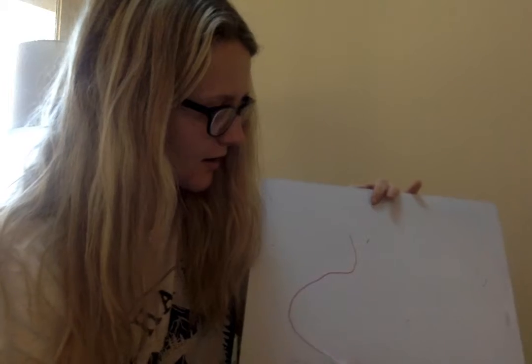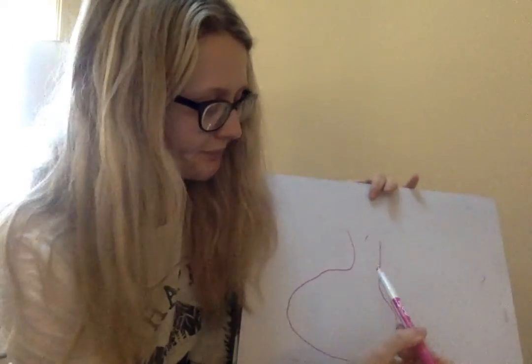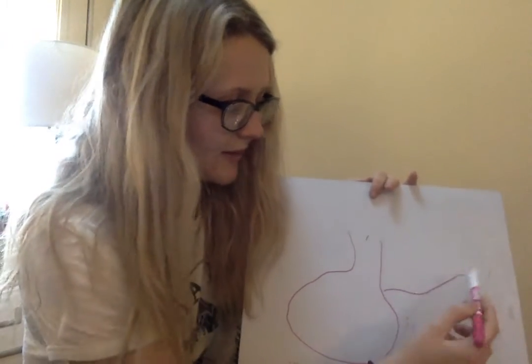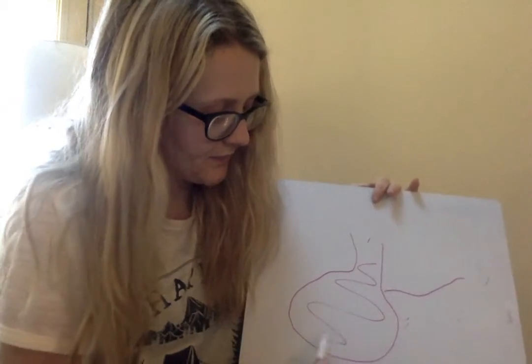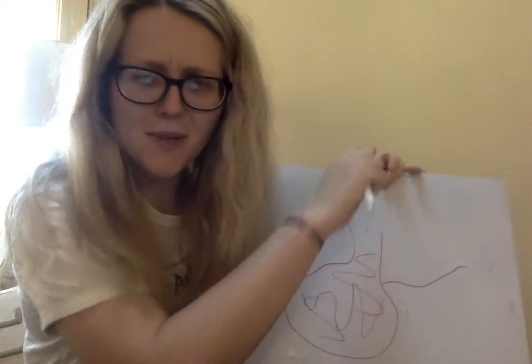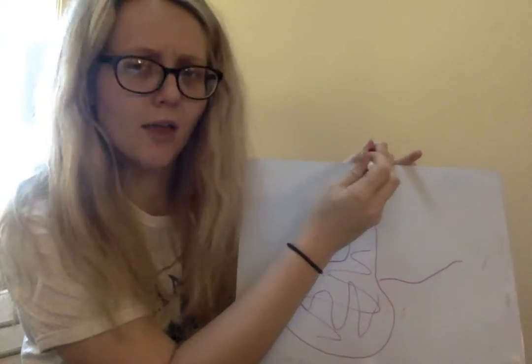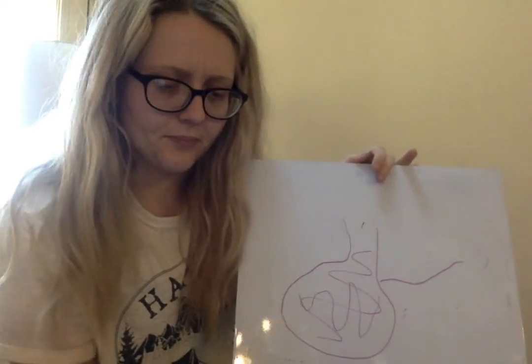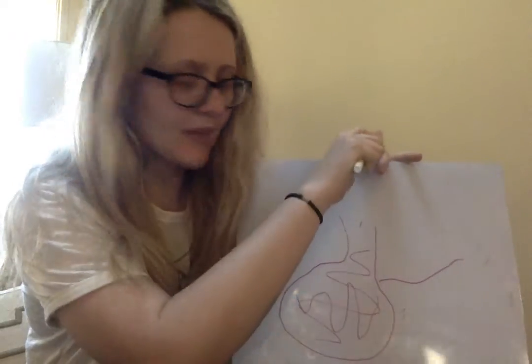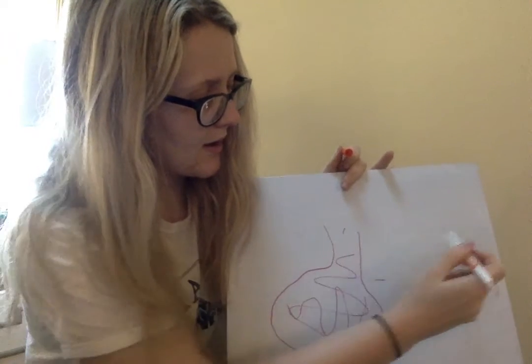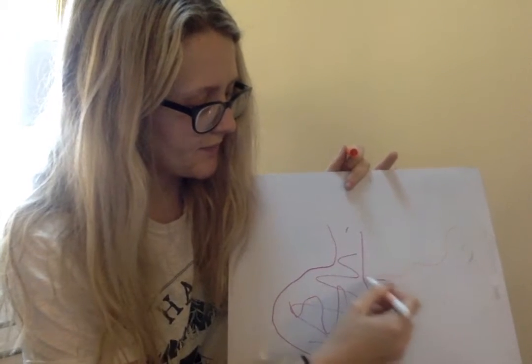It's because of parasympathetic tone. This is my stomach, and it's empty. It might be a little smaller when it's empty, but it's still a hollow organ. And this is my little parasympathetic innervation.